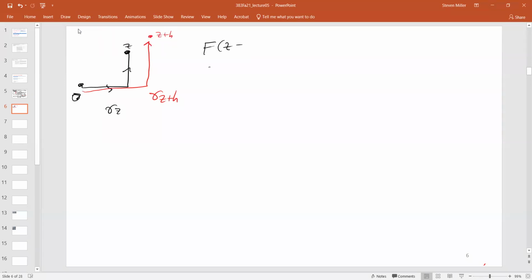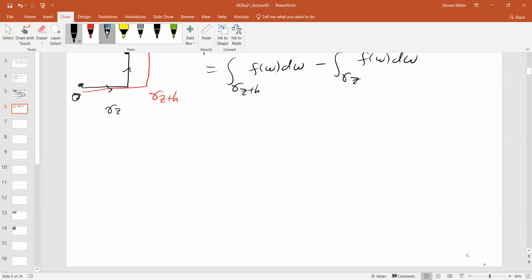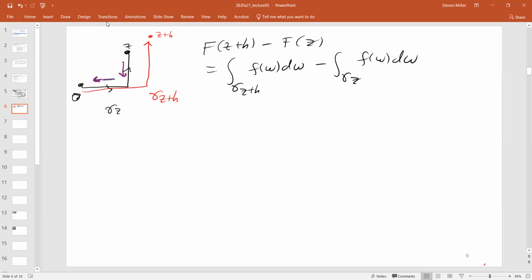And when we're studying big F of z plus h minus big F of z, that's going to be the integral along gamma of z plus h of f of omega d omega, minus the integral over gamma of z of f of omega d omega. So the initial part over here, I'm going to subtract it off because really I want to travel this one in this direction.